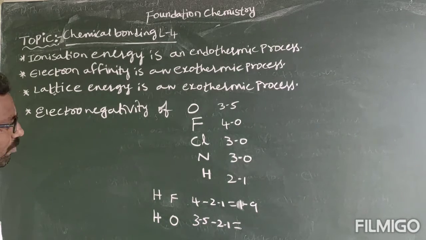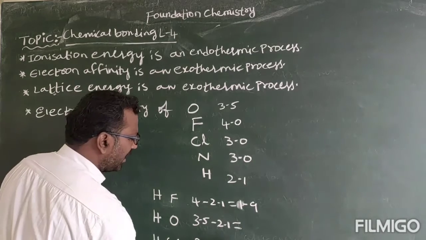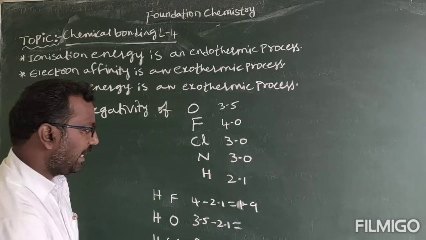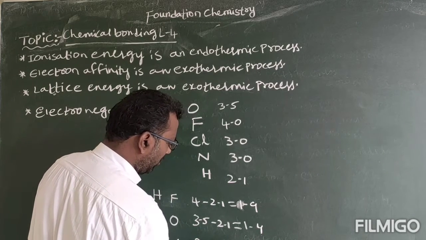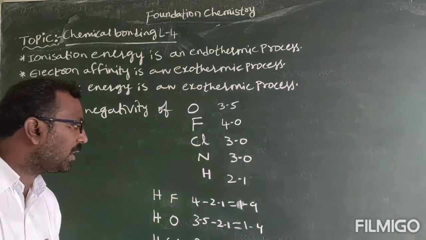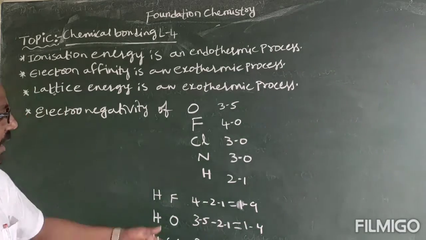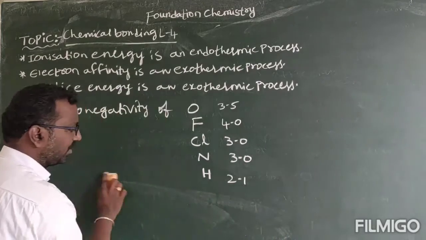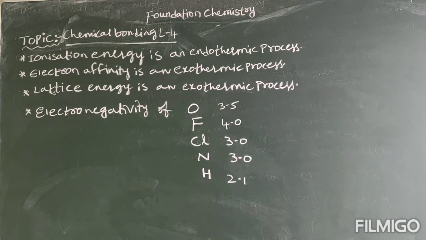Now bond between hydrogen and chlorine, 3 minus 2.1. So now you can calculate, it is 1.4 and it is 1.1. So the highest will be between what? 1.9, the H-F bond will be having the highest. Like that we can see. So the more the differences, the more the strength of the bond will be. Is it or not? So please make a note of all these points.